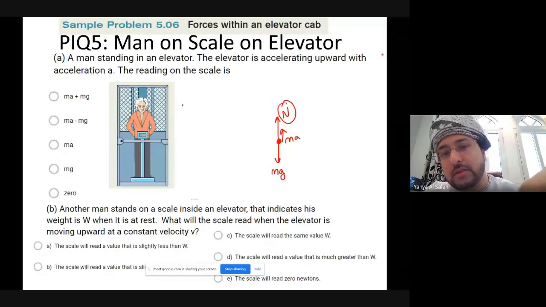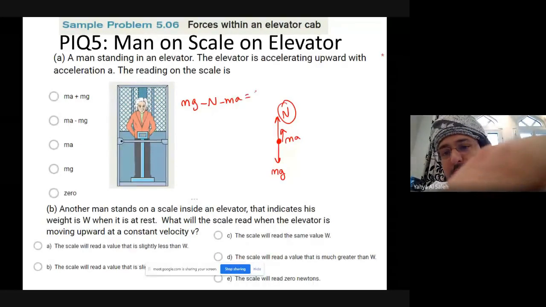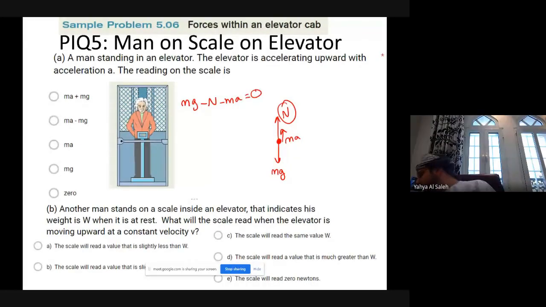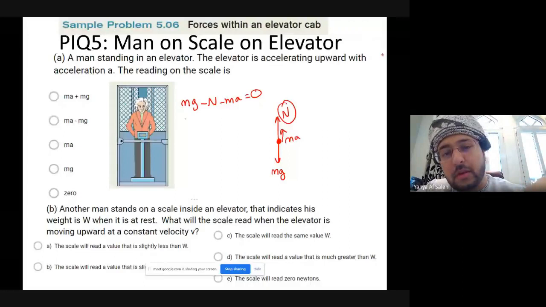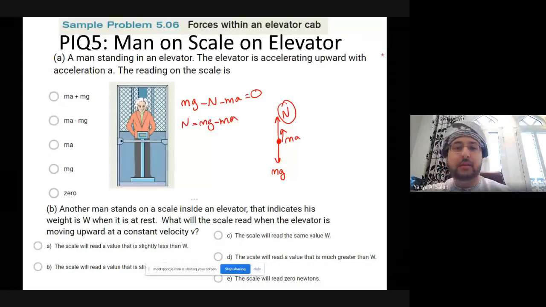So mg minus n minus ma equals 0. Which means that n equals mg minus ma.